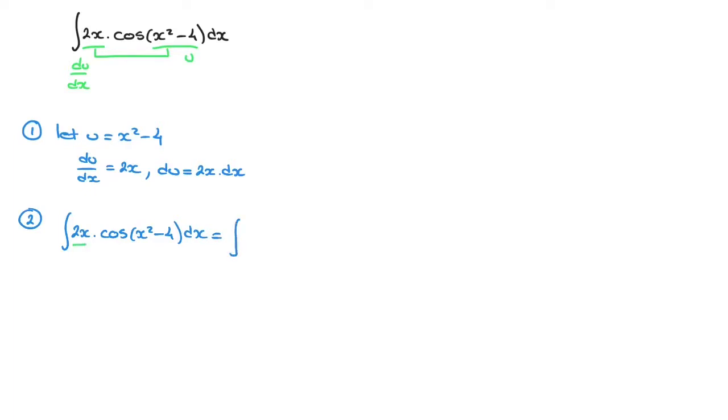We have 2x times dx in our original integral, and we've just seen that that's equal to du. Furthermore, I have cosine of x squared minus 4, and we've just defined x squared minus 4 as u. So when I rewrite this integral, it turns into the integral of cosine of u, du.